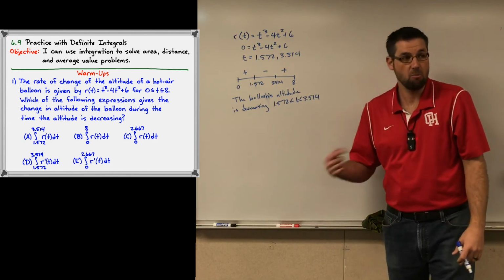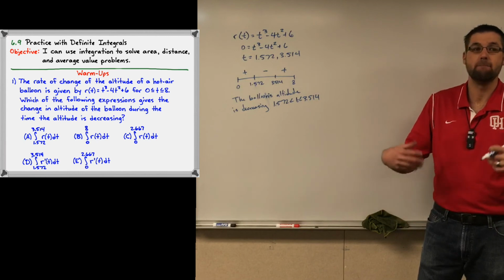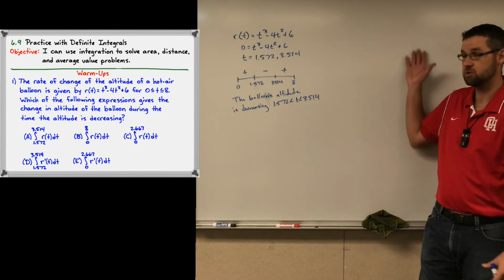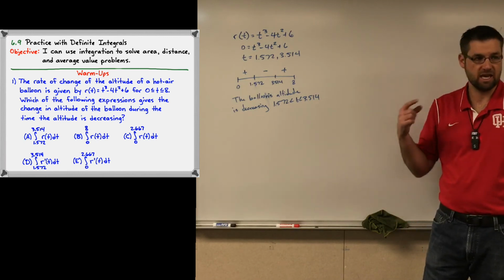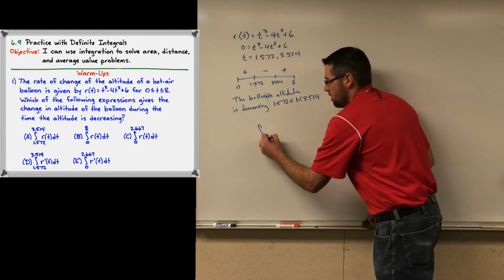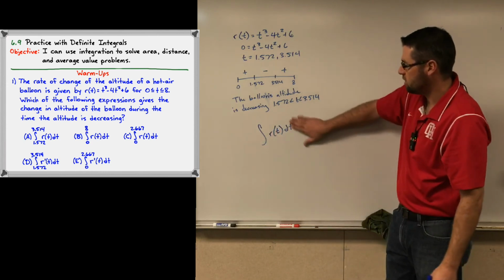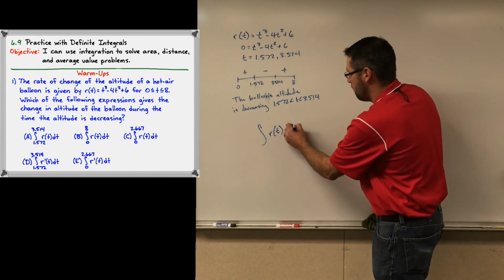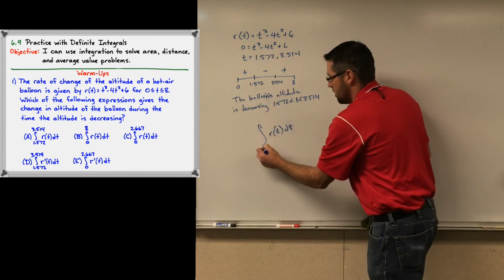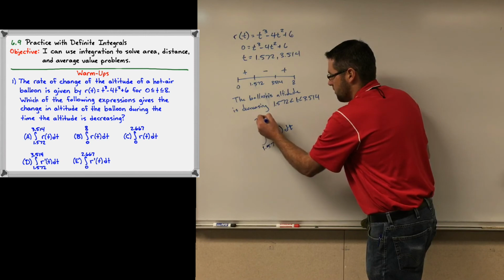Now I need to figure out how much it's decreasing by. So how do you figure out the amount that it changes based on what we just talked about? You take the integral of a rate. So it's the integral of r of t dt, and we want to know the change of altitude over only this domain. So the lower limit is 1.572, the upper limit is 3.514.